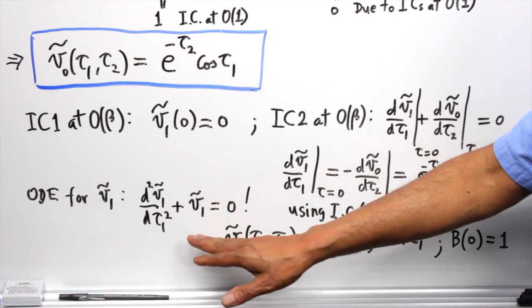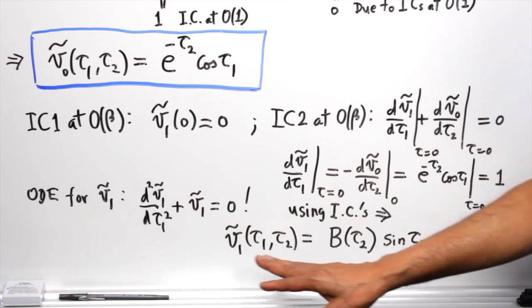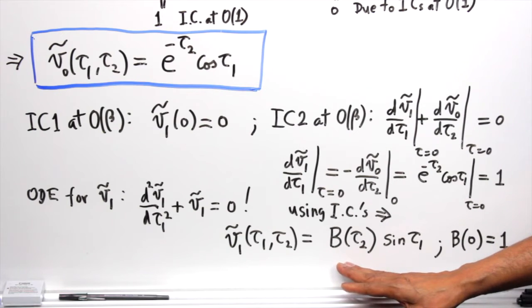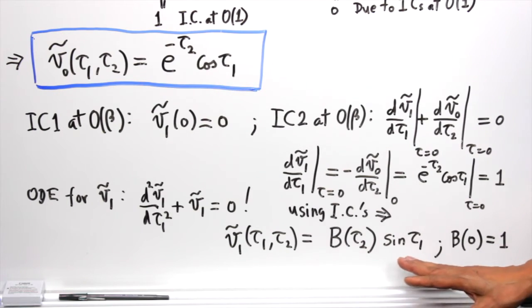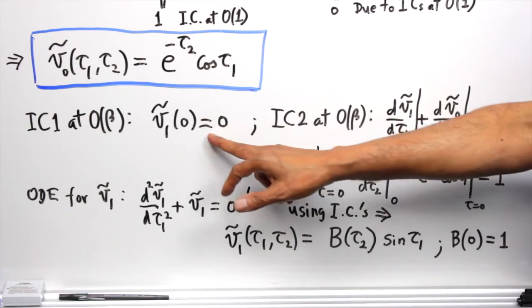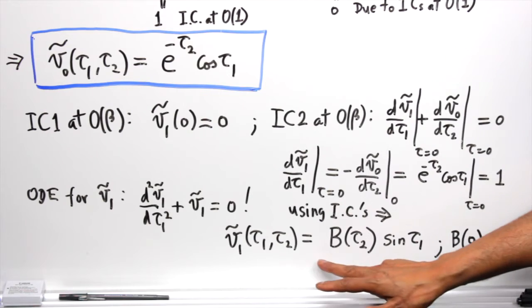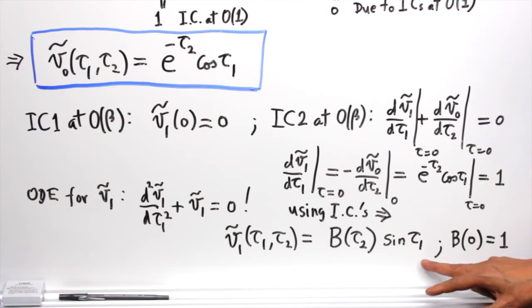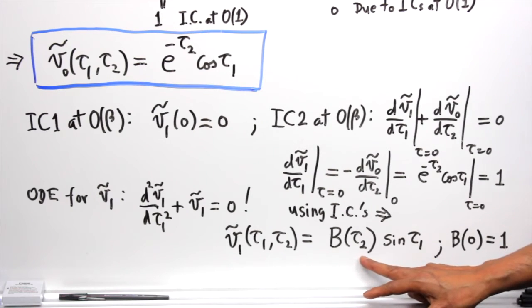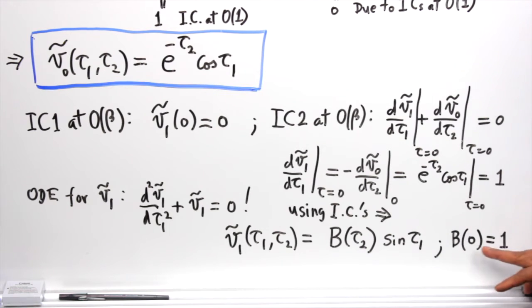So it's a homogeneous differential equation for v1 tilde, and its solution is therefore the sum of the two homogeneous linearly independent solutions. Using these initial conditions, we can see that the solution can be expressed in general in this form: sine of tau 1 times an unknown function which depends slowly on time, capital B of tau 2, with this initial condition that capital B of 0 is equal to 1.